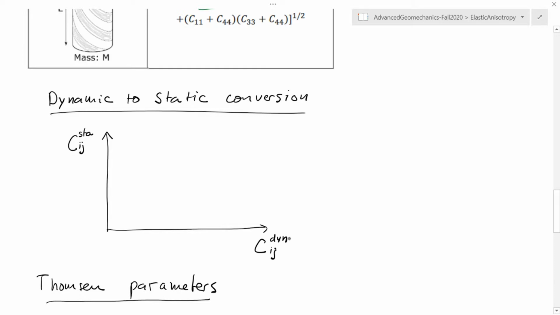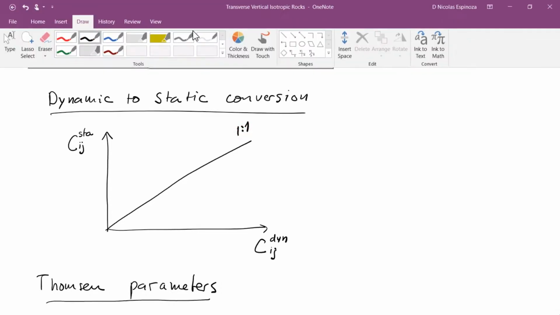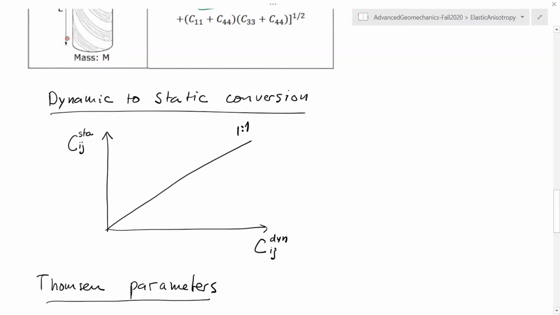And similar to what we saw before, if this is a one-to-one line, this data usually falls a little bit lower, and for a given formation and a given site, you can obtain a correlation that allows you to go from dynamic to static for each stiffness parameter.